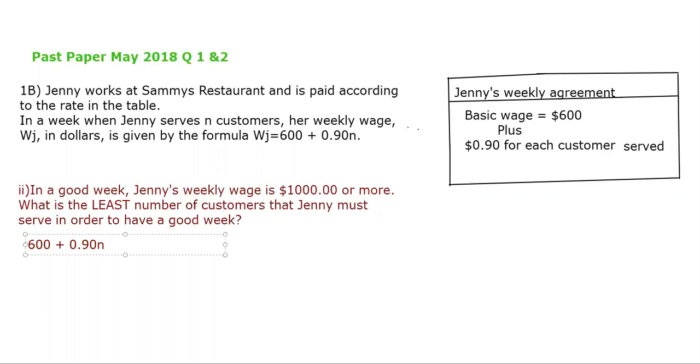Now, in order to have a good week, she must have at least $1,000. So it should be $1,000 or more. Let me put the 1,000 here and leave the sign for later. I know that you will want to write the equal sign.